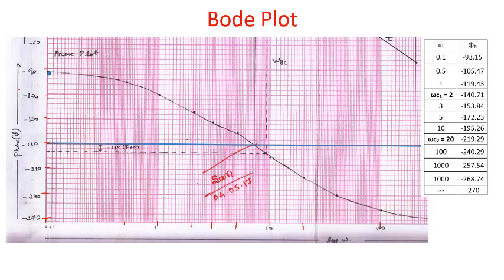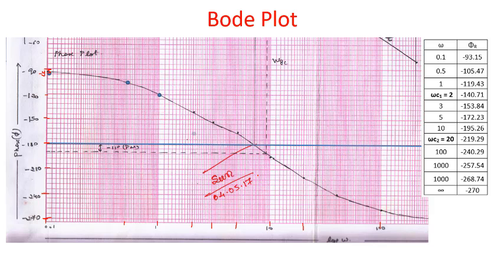So for 0.1 it is equal to minus 93.15, this is the first point. Then the second point 0.5, you go and put it at minus 105.47. Similarly for 1 it is going to be very near to minus 120, that is minus 119.43.